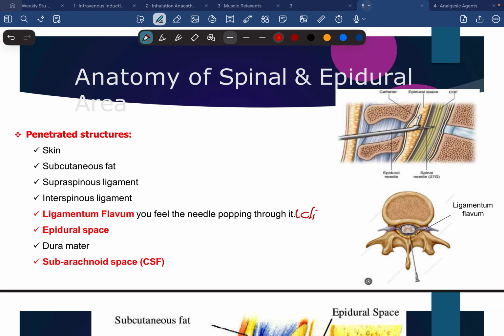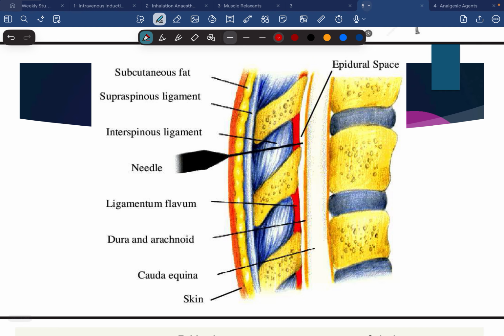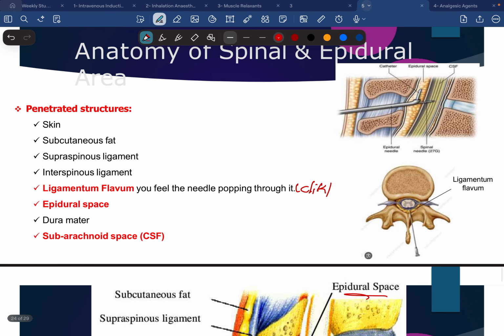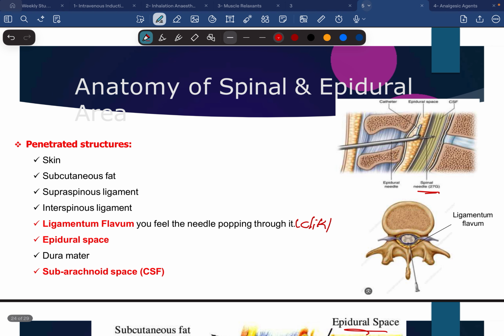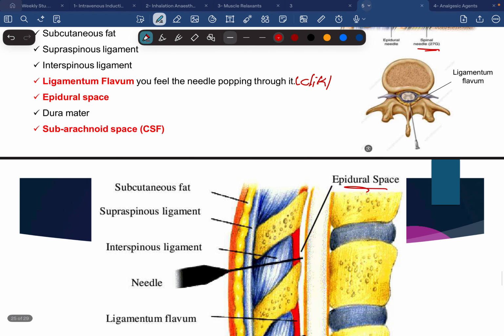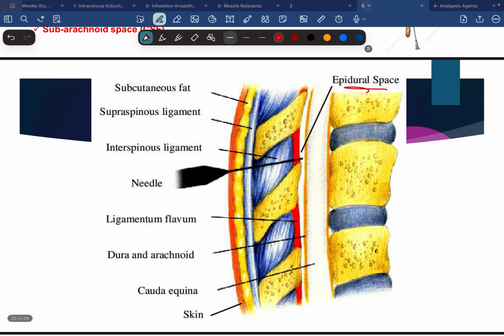This is the dura and arachnoid attached to each other. So this space would be an epidural space. This is where we put our epidural catheters, in this space. It has nerve roots, veins, arteries, lymphatics, and a little bit of tissue. Then, as I said, dura and arachnoid. Below that is subarachnoid.